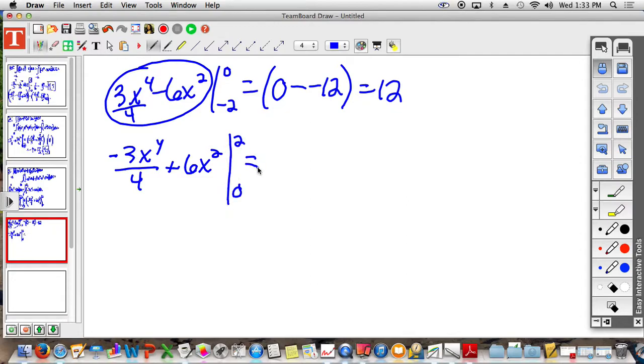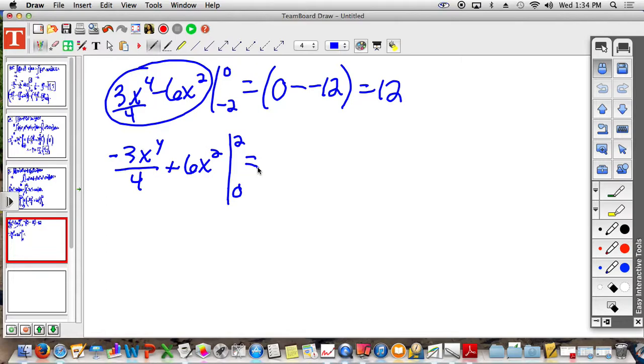All right, so plug a 2 in. 2 to the 4th power is 16 times negative 3 is negative 48 divided by 4 is negative 12. Am I right? No, I'm not, because I didn't do the rest of it. Negative 12 plus 24 to get 12? Yeah. You get 12.